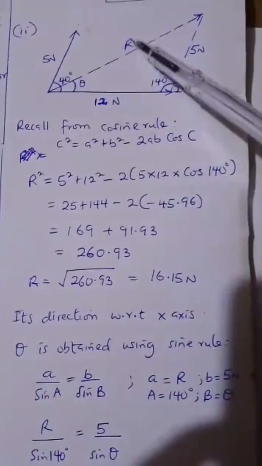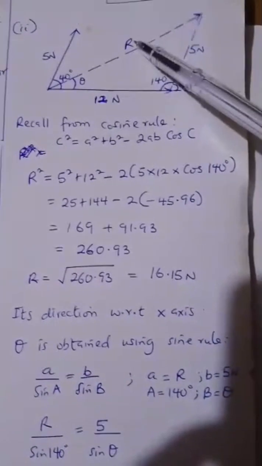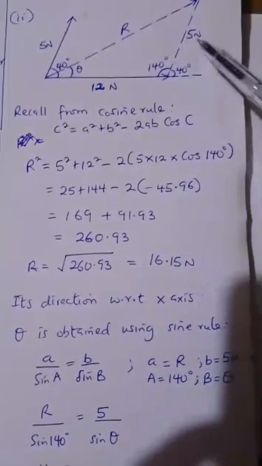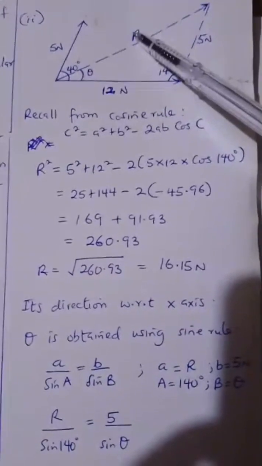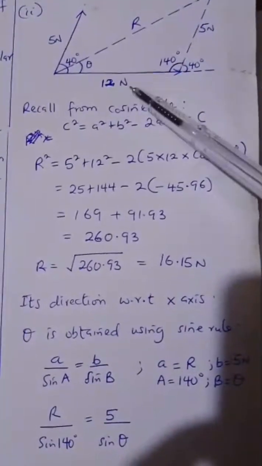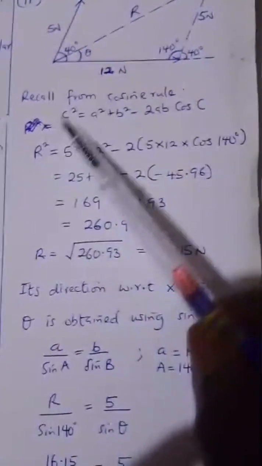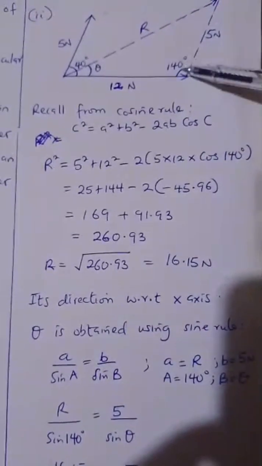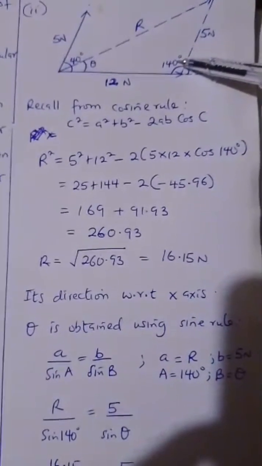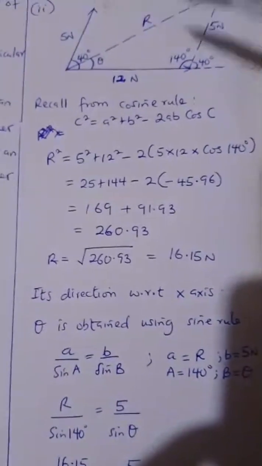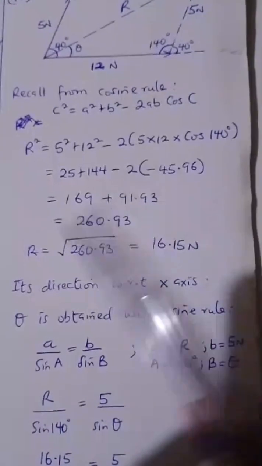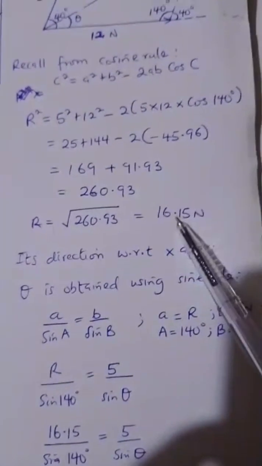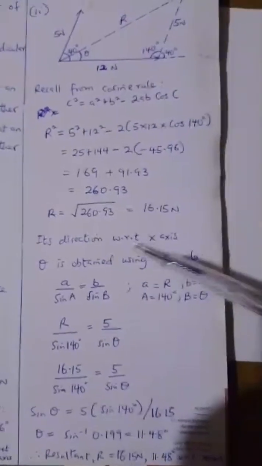This is our C, and this is A and this is B. So C squared, which is r squared, is equal to A squared plus B squared minus 2AB cos C, where C is the angle, 140 degrees, opposite side C. If you reduce it, r is going to give you 16.15 Newton.